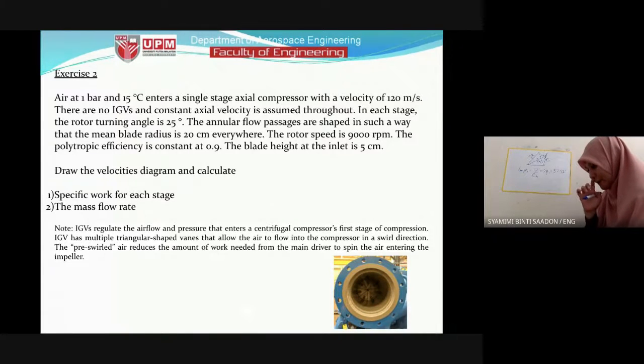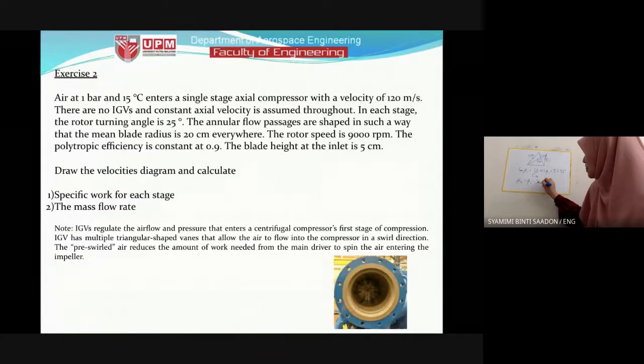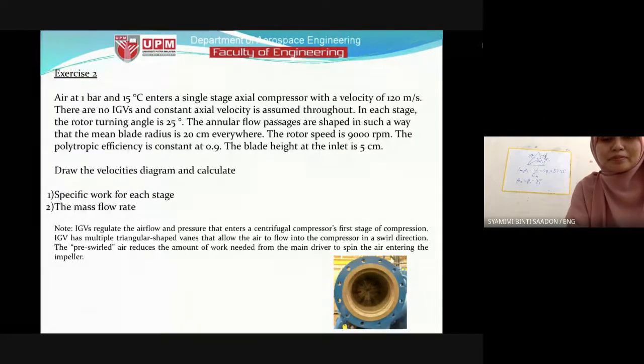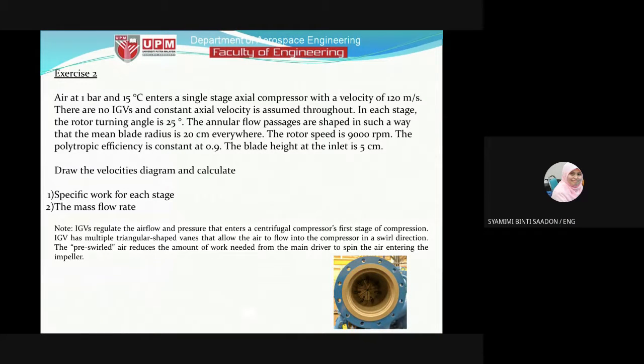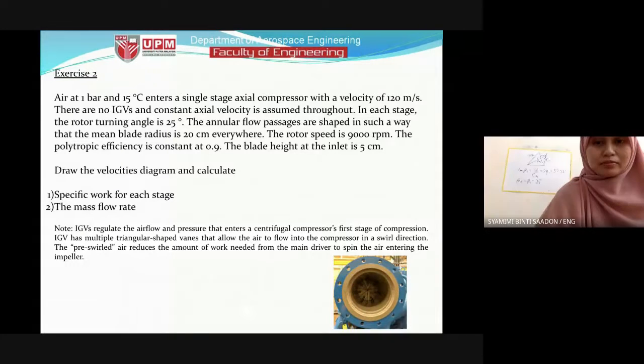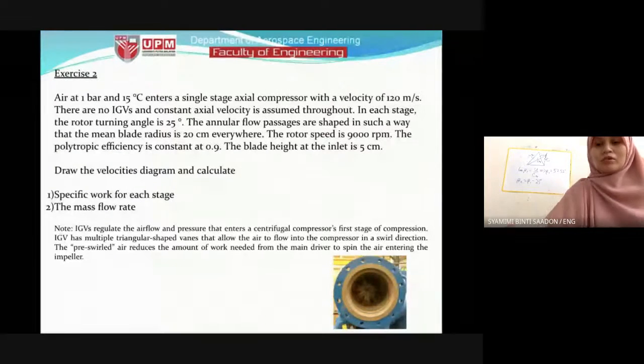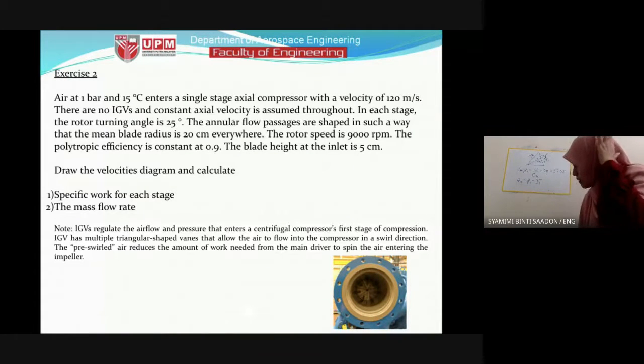So this is beta 1, and then we have beta 2, which is beta 1 minus 25 degrees. 57 minus 25 is 32.